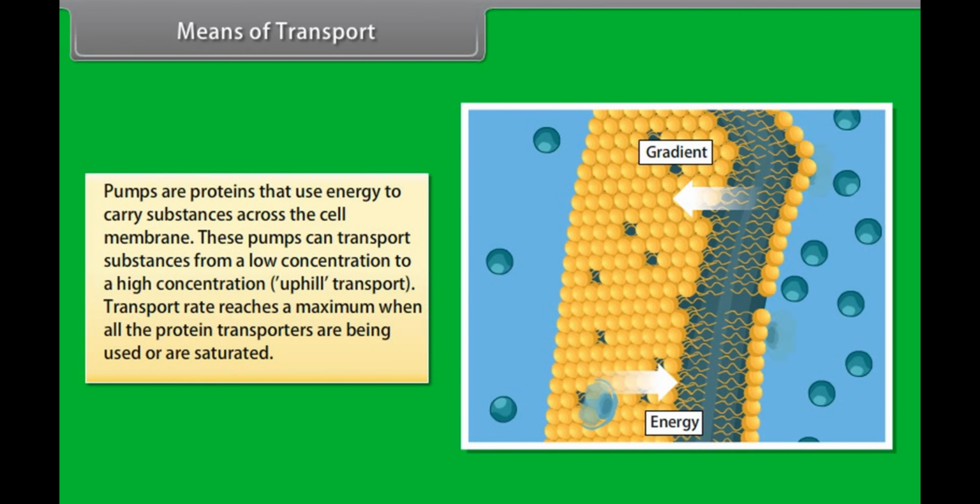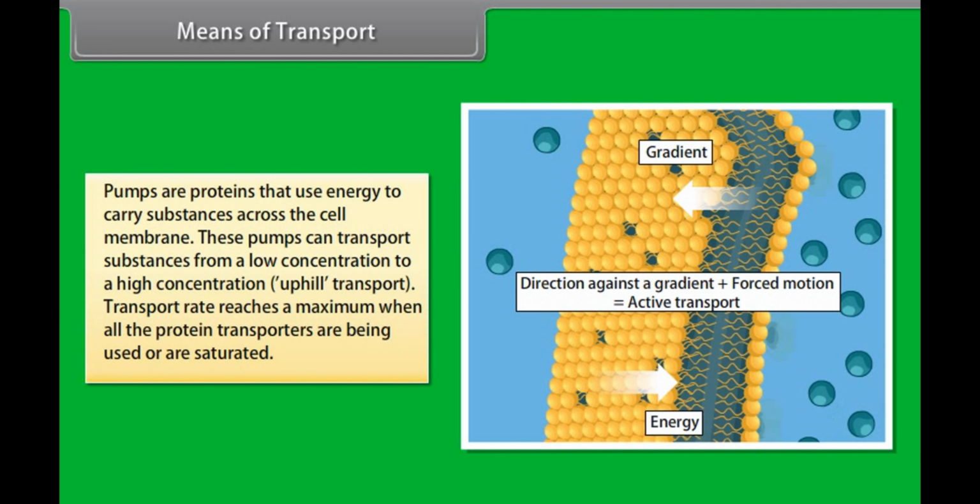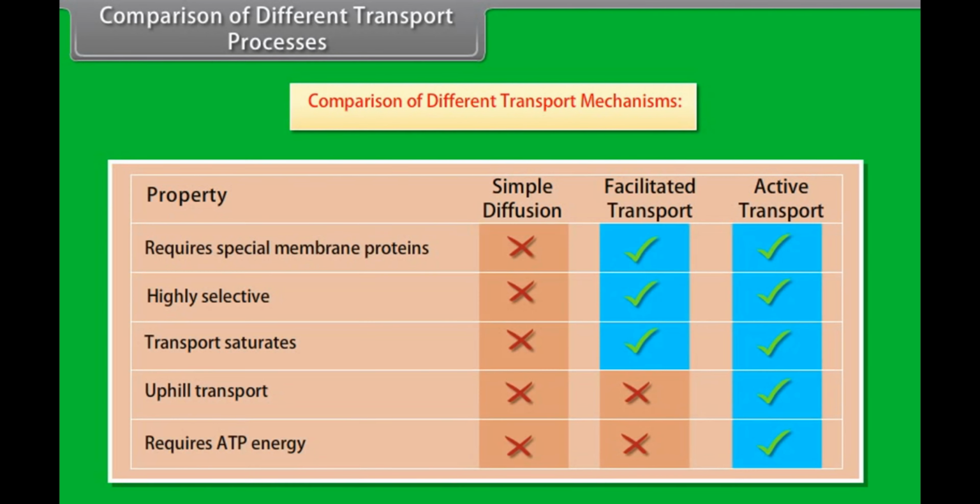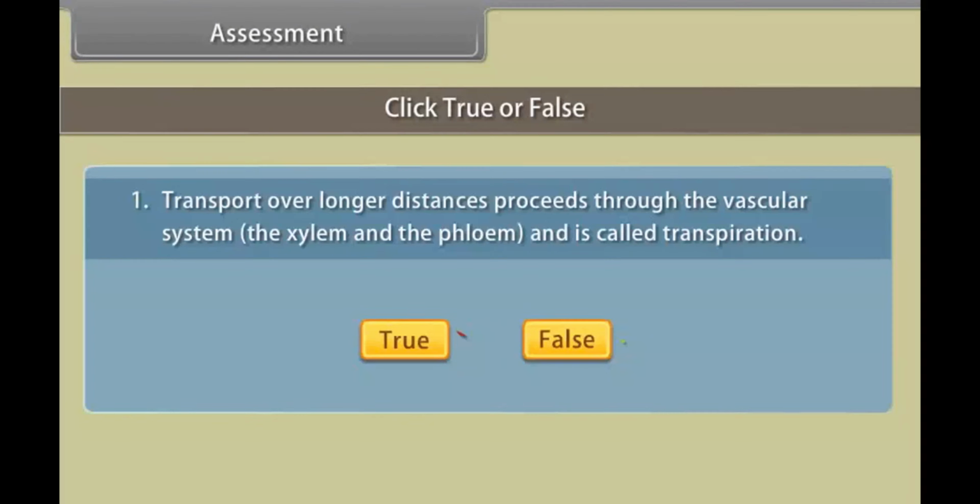These pumps can transport substances from a low concentration to a higher concentration, or uphill transport. Transport rate reaches a maximum when all the protein transporters are being used or are saturated. Now, let us compare simple diffusion, facilitated diffusion, and active transport.